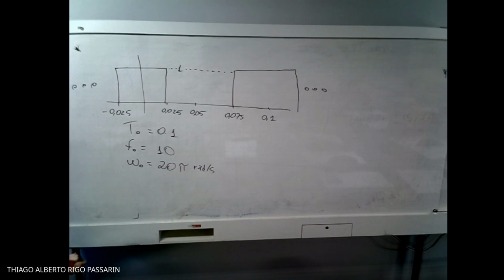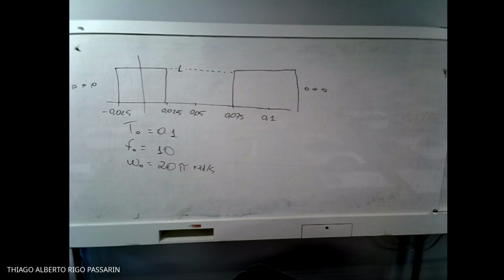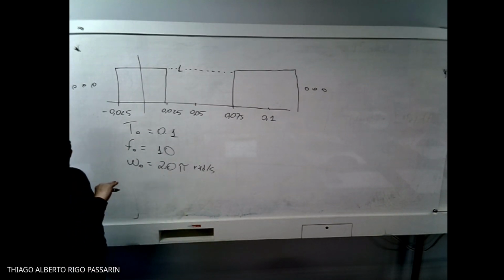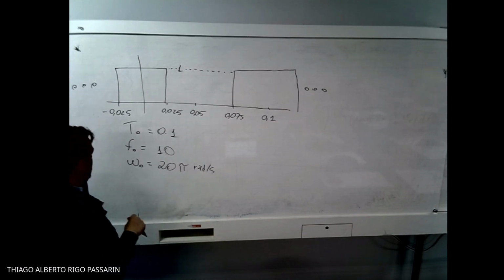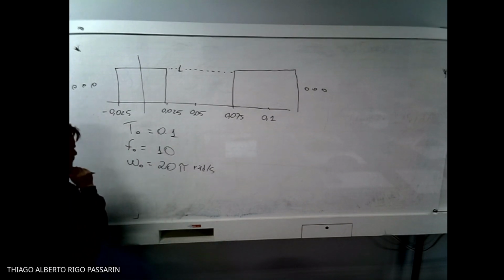We can compute D0. And then this signal will have 0 values for even numbers, except for D0. We can compute D0, then D1, and then we can try to find a closed form which will give dn for any value of n. So omega 0 is 20 pi.